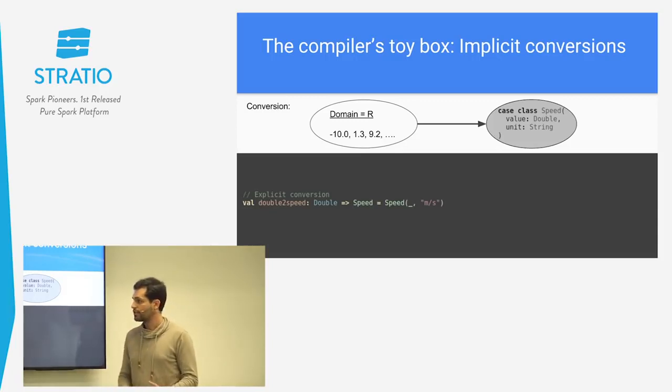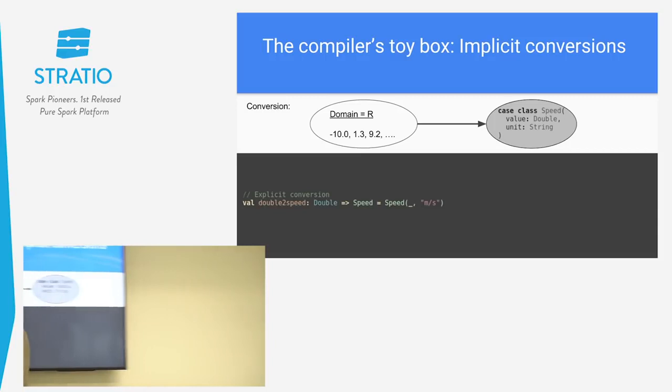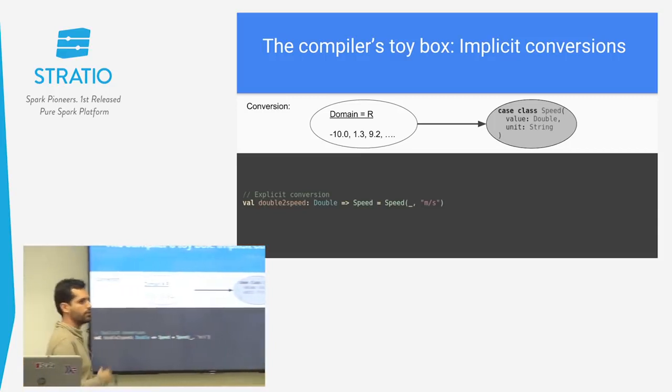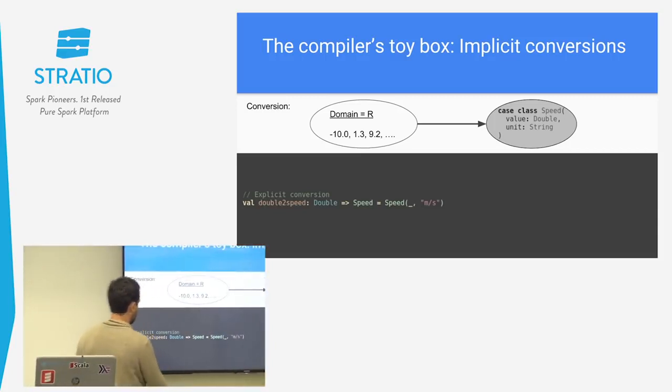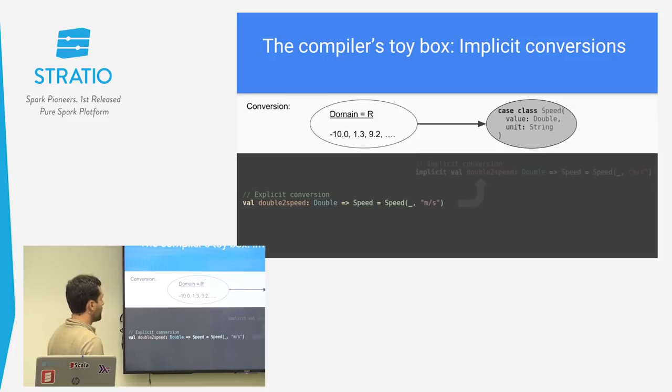So you can write a function to go from your double values you are receiving from sensors or IoT applications or whatever, from double to speed. And you build an instance of that class, just calling its constructor and giving a default unit for it. Okay, but you can do it differently.